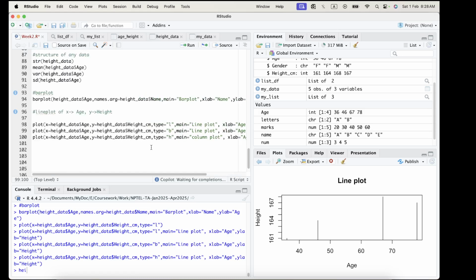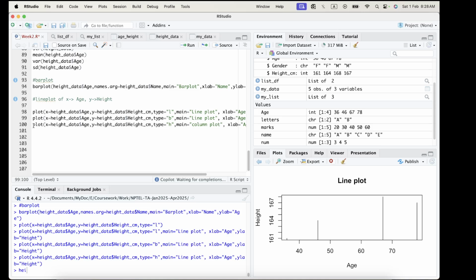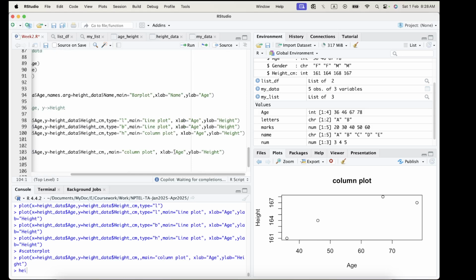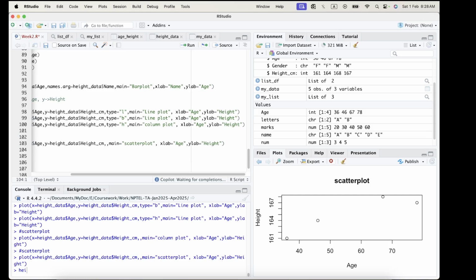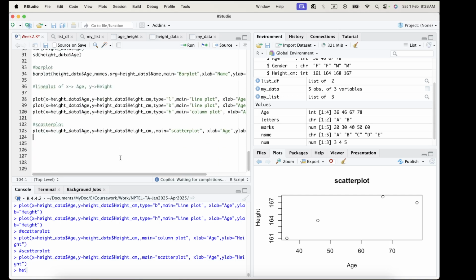And if we don't specify any type, if we don't give this type command here, then what we get is actually the scatter plot. Okay, and this is actually my scatter plot.